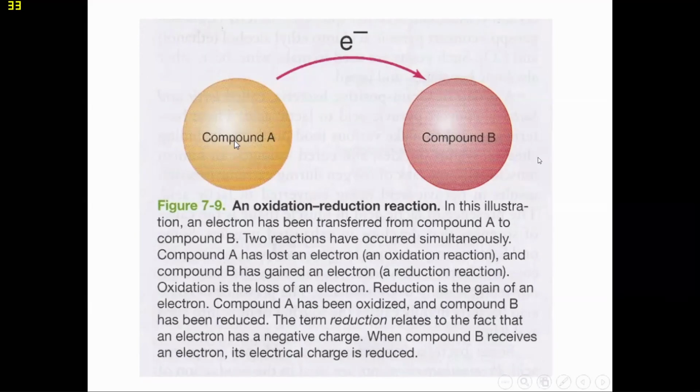Compound A will lose electron. This is electron negatively charged. This is called oxidation. Then the electron will be accepted by compound B, and because electron is negatively charged, the charge of compound B will be reduced. This is reduction process. Very simple oxidation reduction reaction, how illustrated.